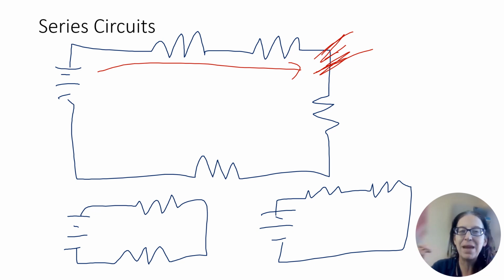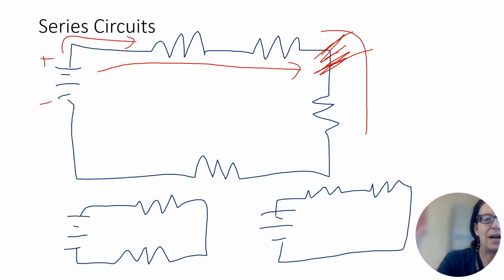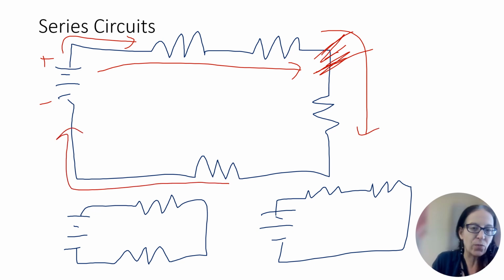Now, maybe relevant is engineers will see the current flowing this way from the positive terminal back to the negative terminal. That's actually backwards from the way it physically works. If you're familiar with your science, you know that it's the electrons in the outer part of the atom that are doing the flowing.